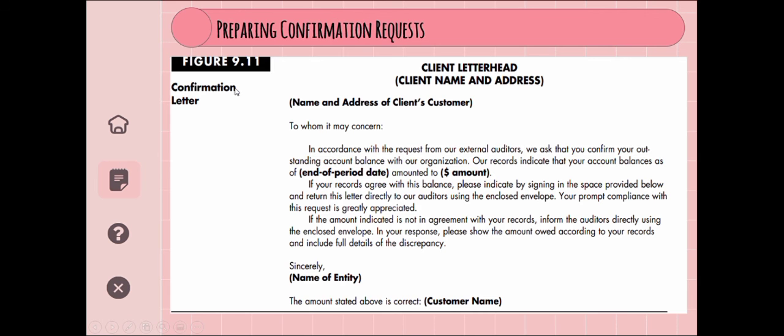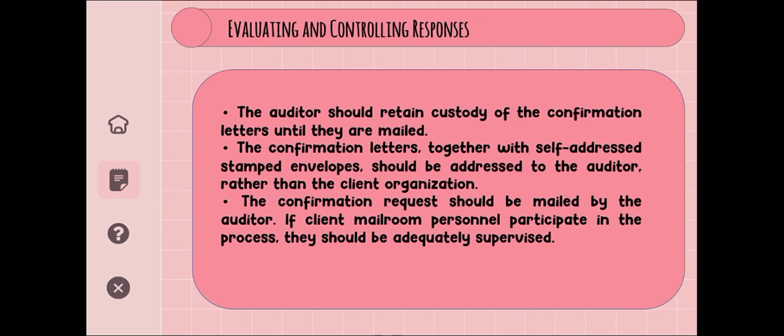After the letter is prepared, the auditor maintaining control over the confirmation process is critical to its integrity. Evidence provided through confirmation is less reliable when contact between the auditor and the debtor is disrupted by client intervention.